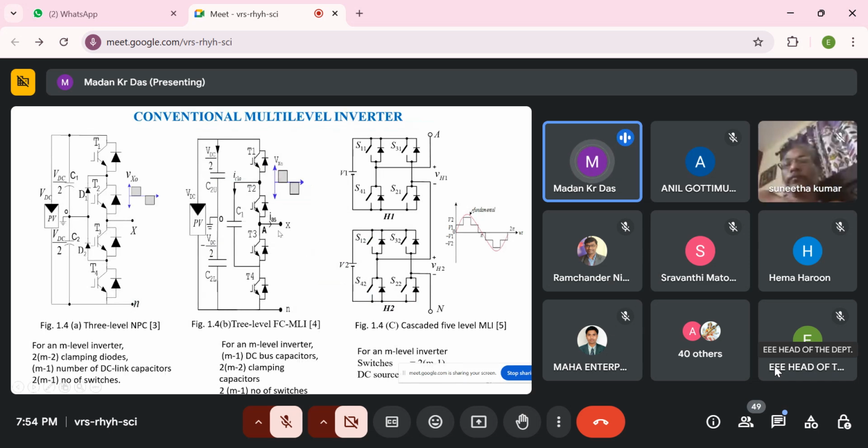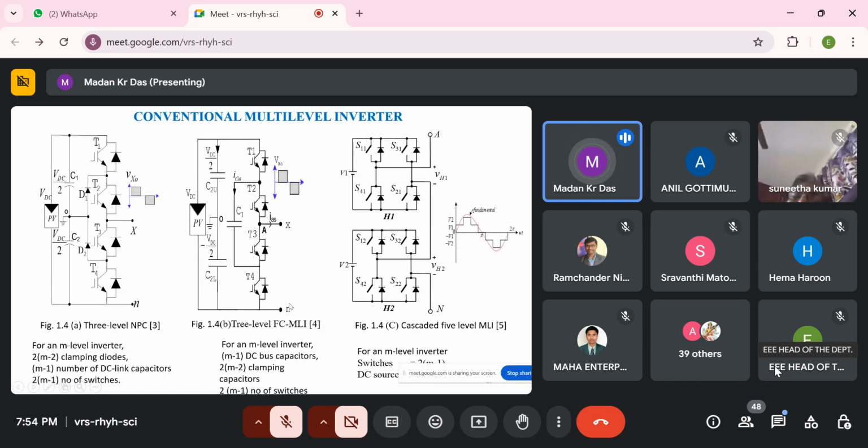These are the basic conventional multi-level inverters. In this inverter, only a diode is connected across the switches, so this type is the diode clamp multi-level inverter. This is the formula for the M level; we have generated 5 level, 7 level like this.